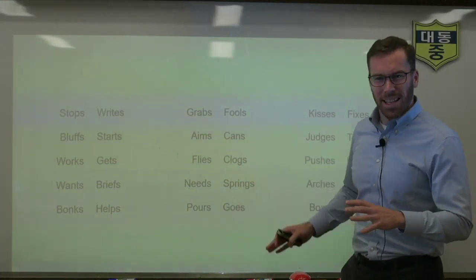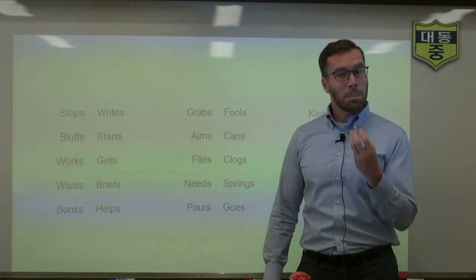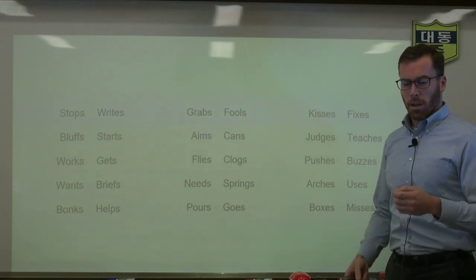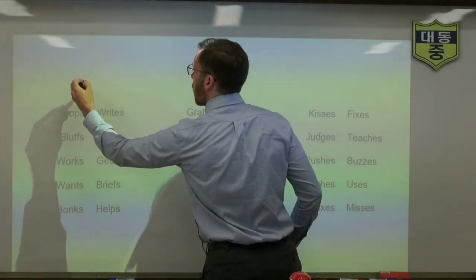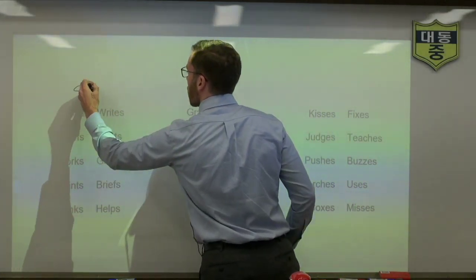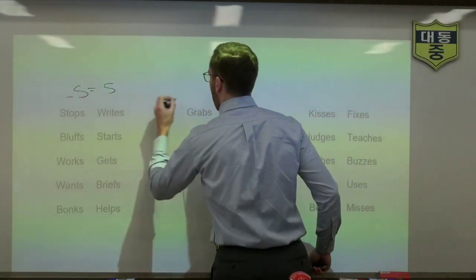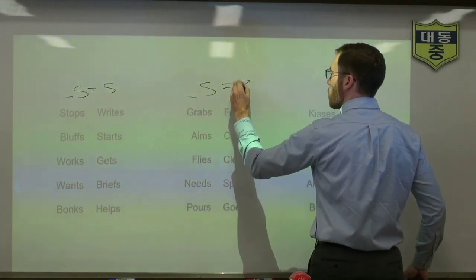It's not an S anymore. We write S, but when we're speaking, we're making the Z sound. Okay? Over here, the S stays an S. But here, the S changes to a Z.